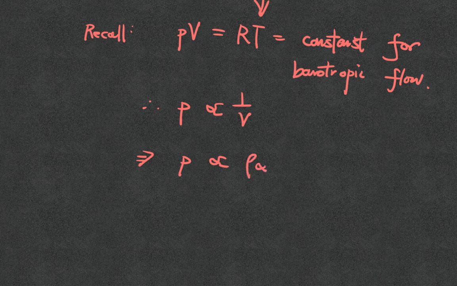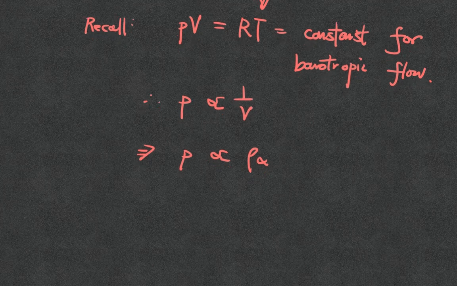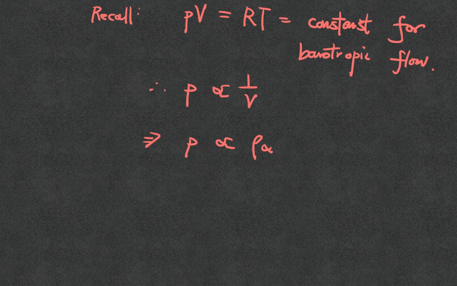Okay, so does that make sense? Basically what it means is very simple: if the pressure increases, then the density also increases. Does that make sense? Intuitively it makes sense.